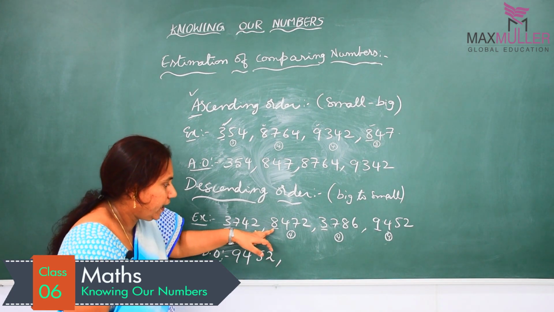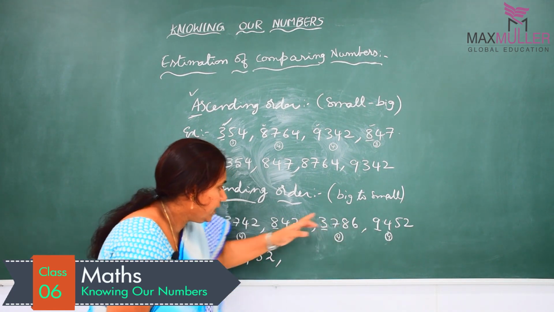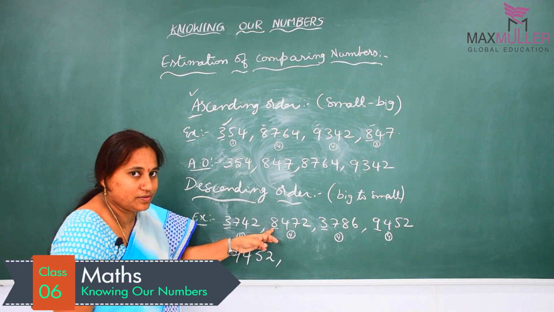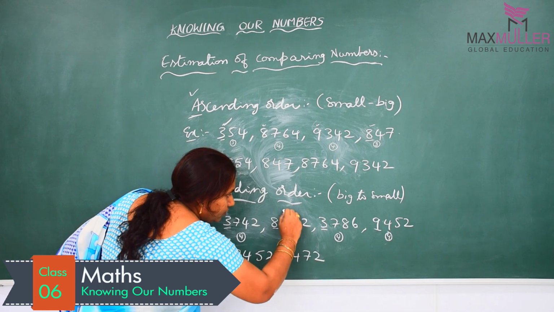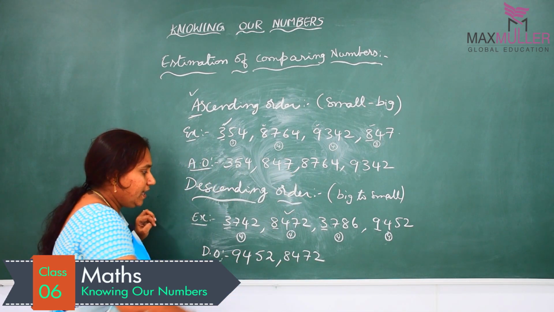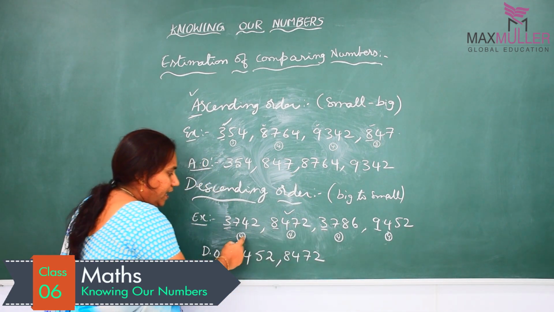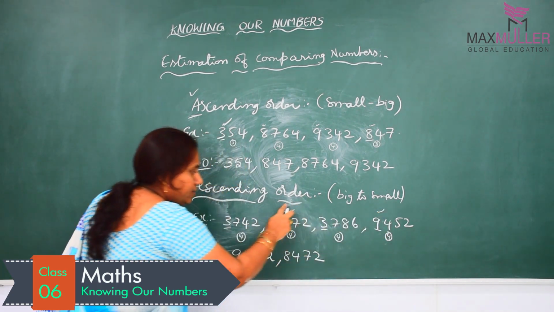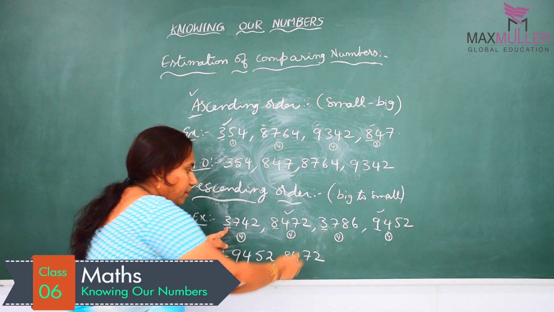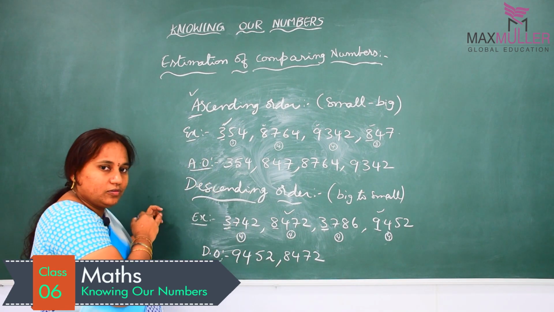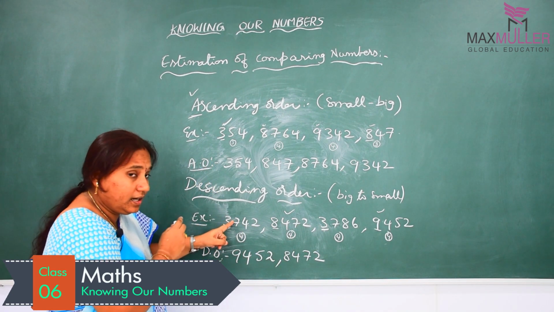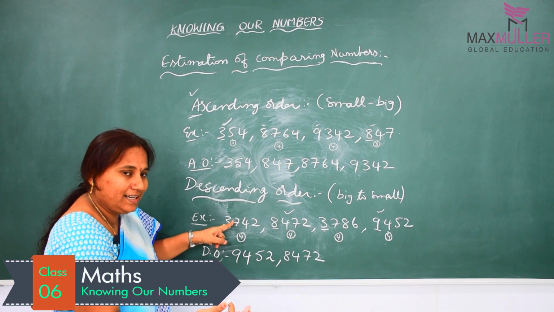Next we have to take, after 9, here we noticed 8 is the next one. Then we will write 8472, this is the second place. Then observe the next 2 numbers. We completed already these 2, no? Remaining in these 2 numbers, here we have 3, here also we have 3. Then what we have to do? We have to go to the next place.